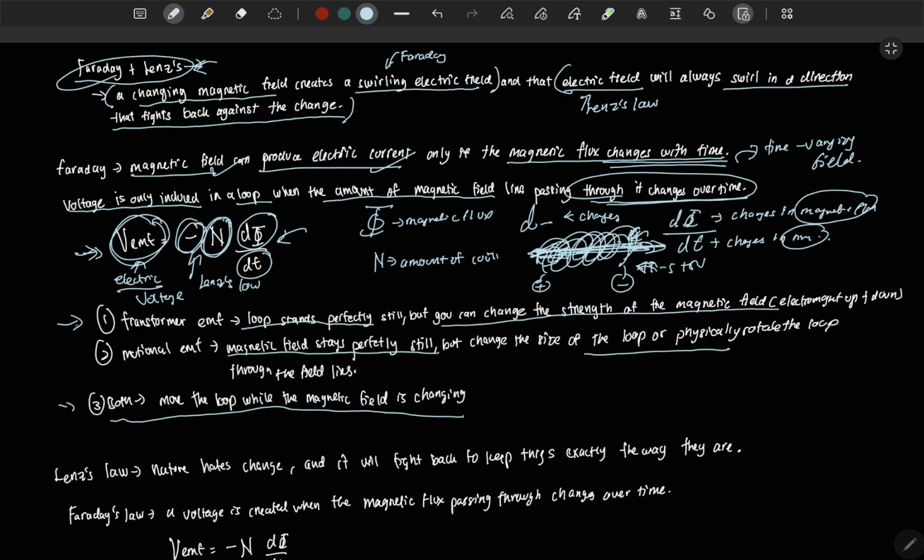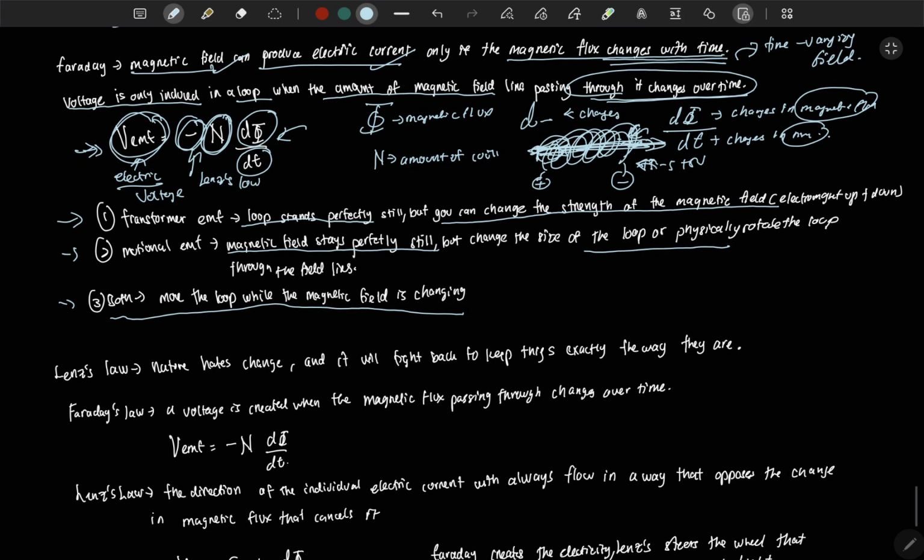This is both. Now coming back to Lenz's law, what he said is that nature hates change and it will fight back to keep things exactly the way they are, meaning it acts the same as inertia but for magnetism. What does inertia do? If an object is stationary and is being pushed, it will push back to return to the original position.